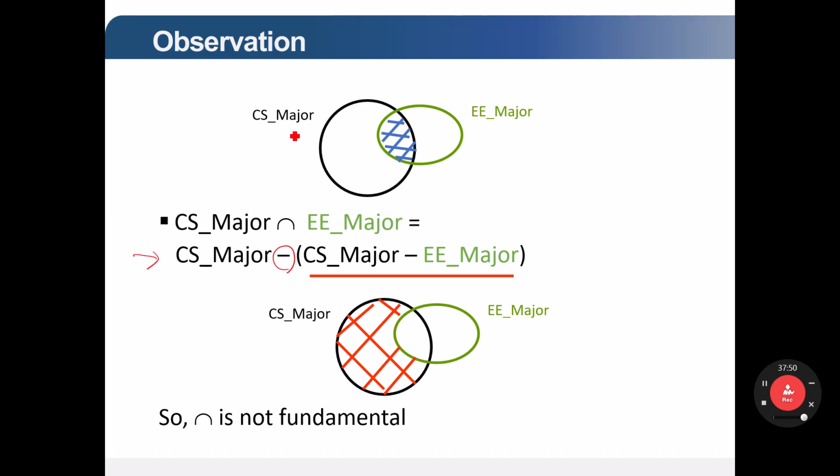Consider we have 2 sets, CS major and electrical engineering major. This is the set difference. This is the intersection. How can you find this intersection without using the intersection operator? First, you deduct electrical engineering major from computer science major. Then you will get these tuples, right?